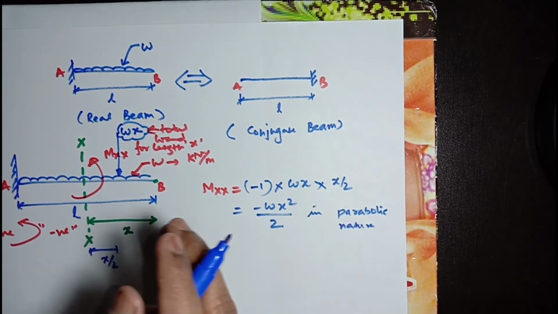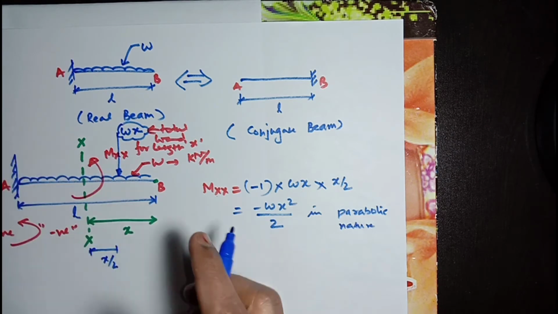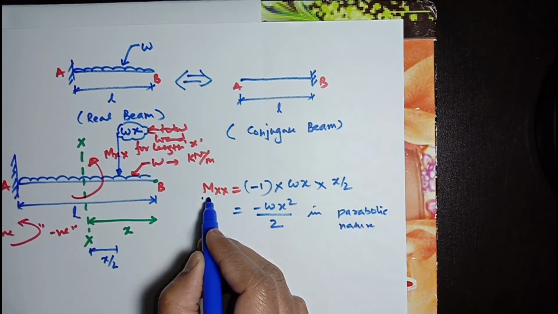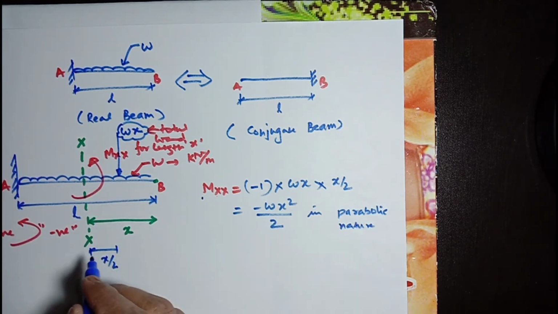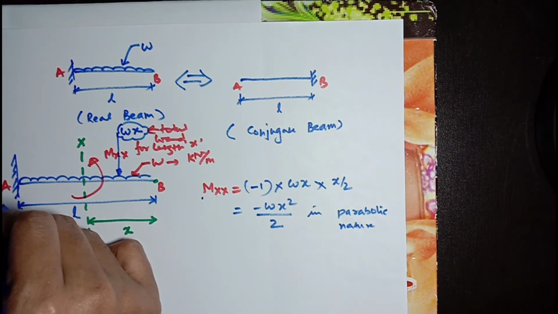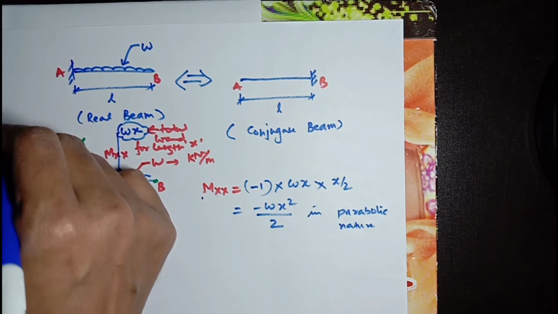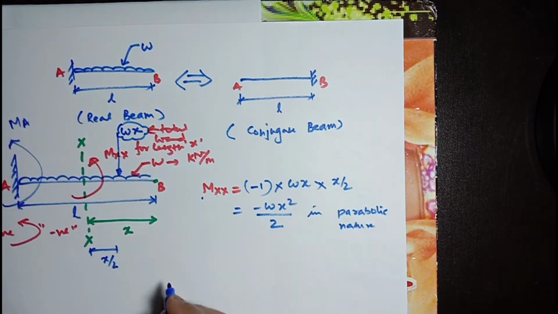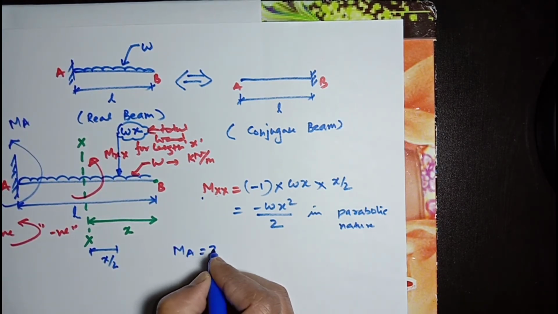Now, at the general section xx, we have found bending moment Mxx is minus Wx square by 2. In order to find bending moment at A, MA will be what?